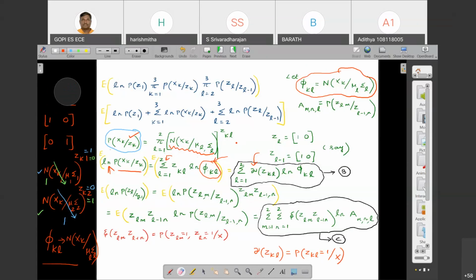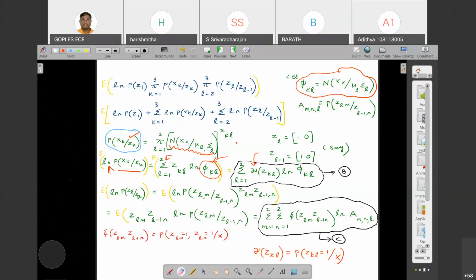And then finally we have the third term. This is the final thing actually. The first term is the probability of Z1. The second term is of this form, xk given zk. It is the second set of terms, because it is not only one term; k actually varies.